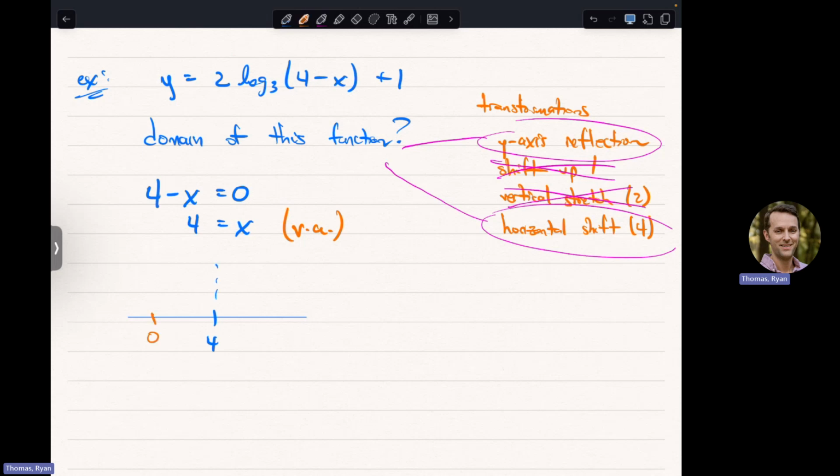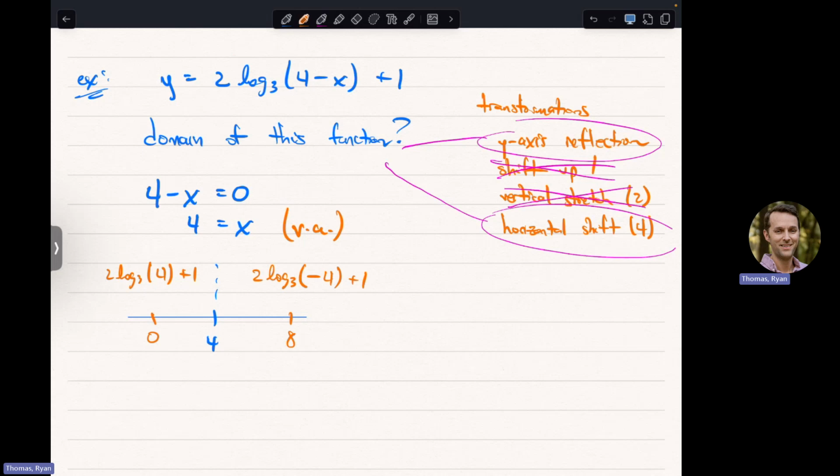If I take something over here, this would be 2 times the log base 3 of 4 minus 0. Whereas if I take something over here, this would be 2 times the log base 3 of 4 minus 8, so negative 4. Now, I know this looks a little more complicated, it's not just like 1 plus 2 or something. But does this exist?